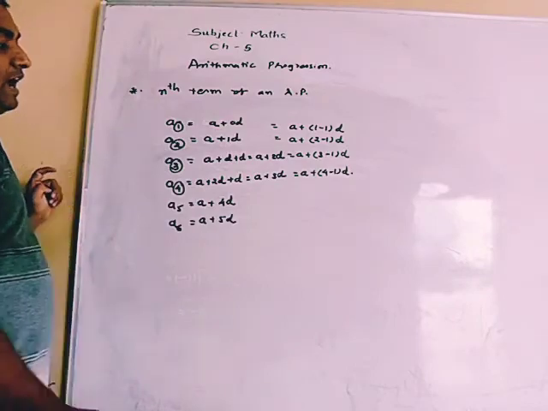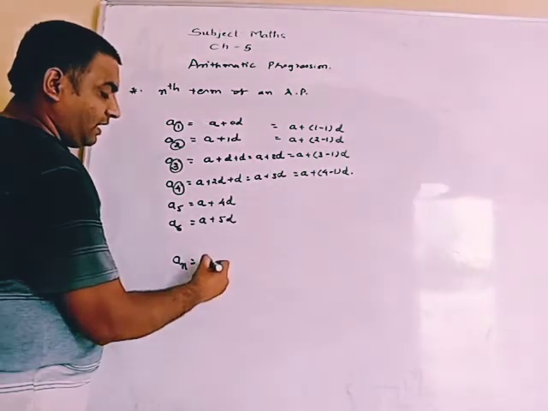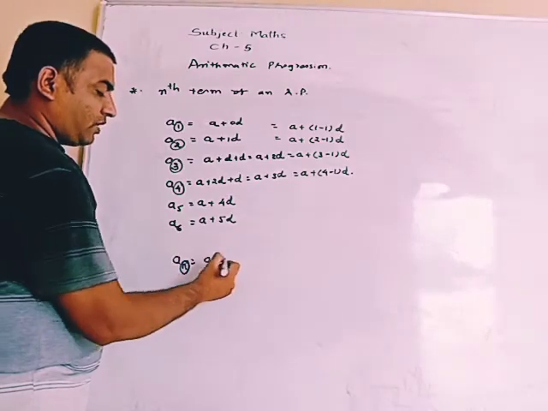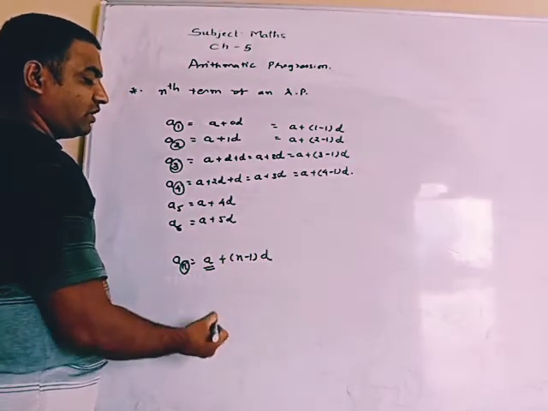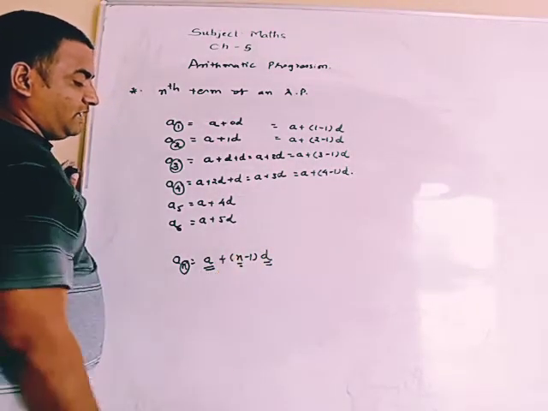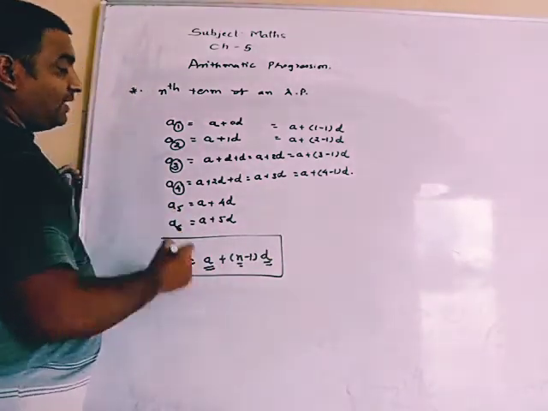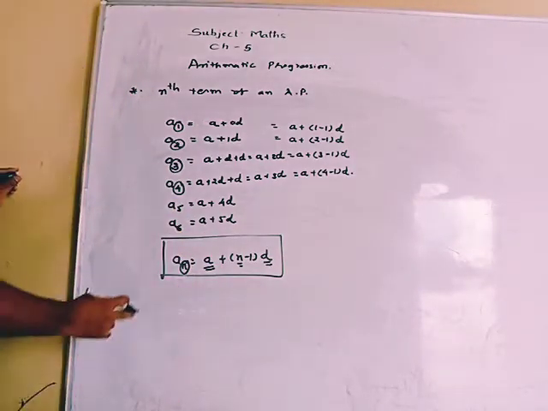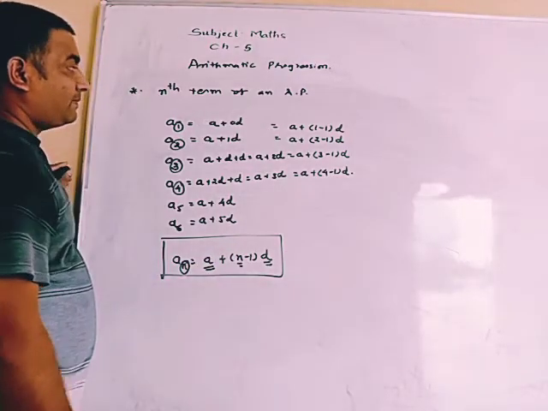So the nth term, suppose an, is a plus (n minus 1)d, where a is the first term, d is the common difference and n is the number of terms. So the general formula of the nth term is an equals a plus (n minus 1)d.